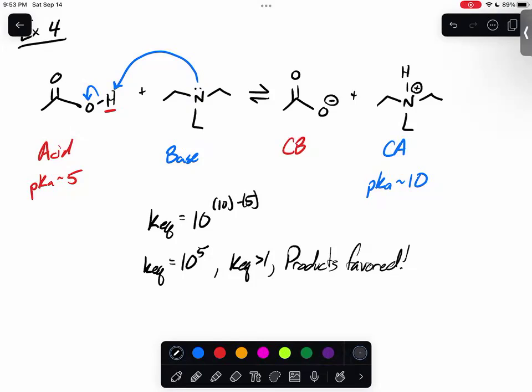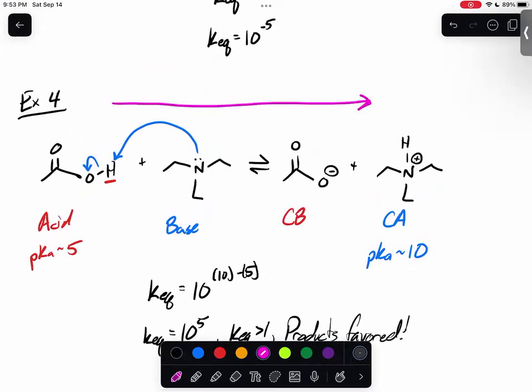All right, so our equilibrium in this case does point towards the products. The products are favored. And so with that, we have to say why. And the why here has to do with the stability of our conjugate base. And we've already talked multiple times about why this is stable. It has to do with both electronegativity and resonance, right?